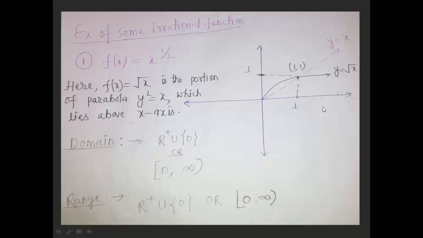So the two graphs intersect each other at 2 points, that is at 0 and at 1. So the number of solutions is 2, that is x equal to 0 and x equal to 1. So the graph plays a very important role in determining the number of solutions. I will explain later the various problems and how you can find them.